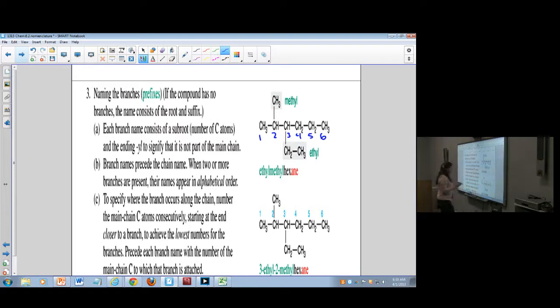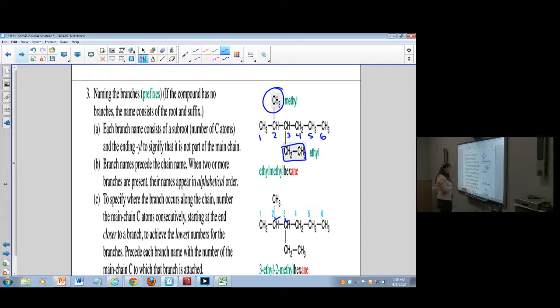And so we're going to say we have a methyl on the carbon 2 and an ethyl on the carbon 3. So in this case, I showed you methyl, ethyl, methyl. Ethyl because it comes first alphabetically, and methyl comes second. And then you have to number where they are. So in this case, the ethyl group is on carbon 3, and the methyl group, alphabetically though, is on carbon 2.